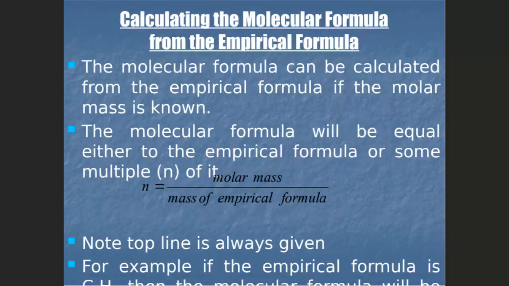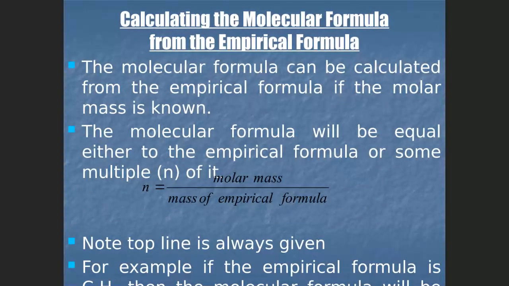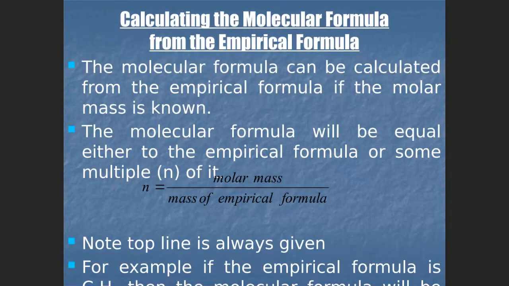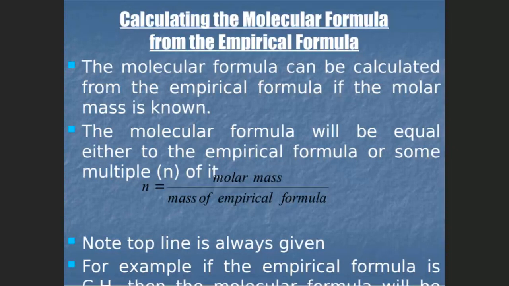Now let's see how we can calculate the molecular formula from the empirical formula. As I said, even if your question doesn't ask you to calculate the empirical formula, your question may ask you the molecular formula. But in most cases, this is a process that first finds the empirical formula and then the molecular formula.